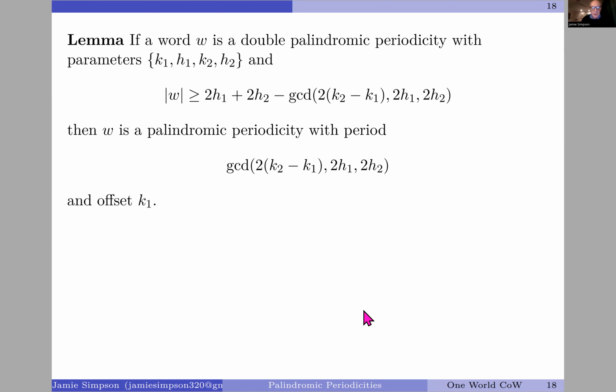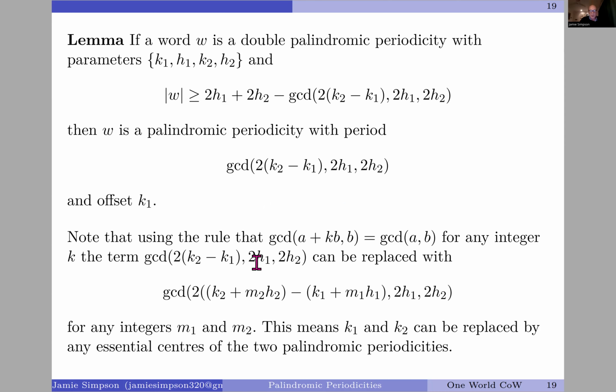This is the half period for the new whole palindromic periodicity. But we could have any one of the essential centers being the offset, using the idea that the greatest common divisor of these two things is just equal to that.